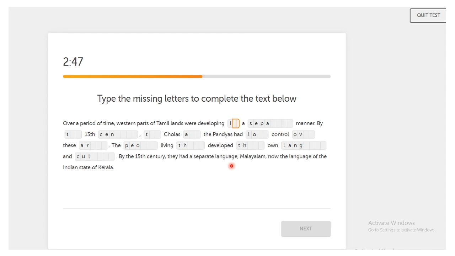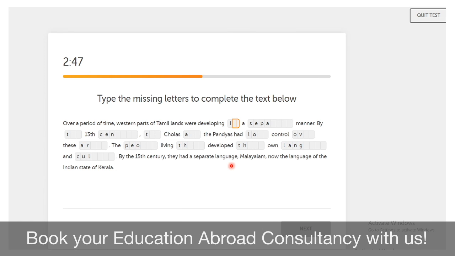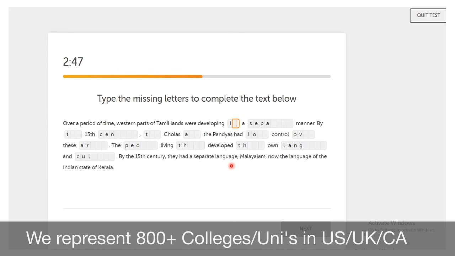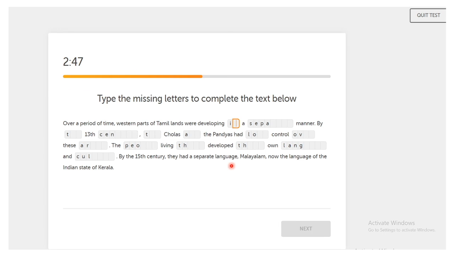So whatever words you write or letters you insert in the blanks should make complete sense. Do not just try to complete the missing letters by writing anything that comes into your mind. It should actually make sense when you read the sentence.